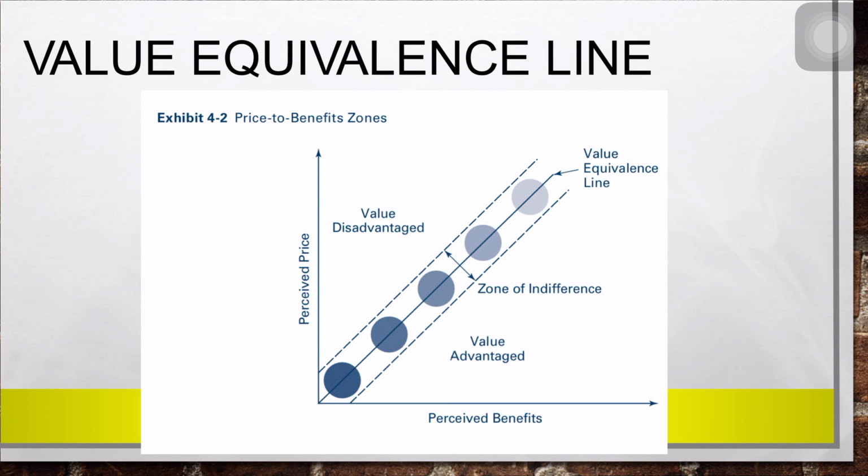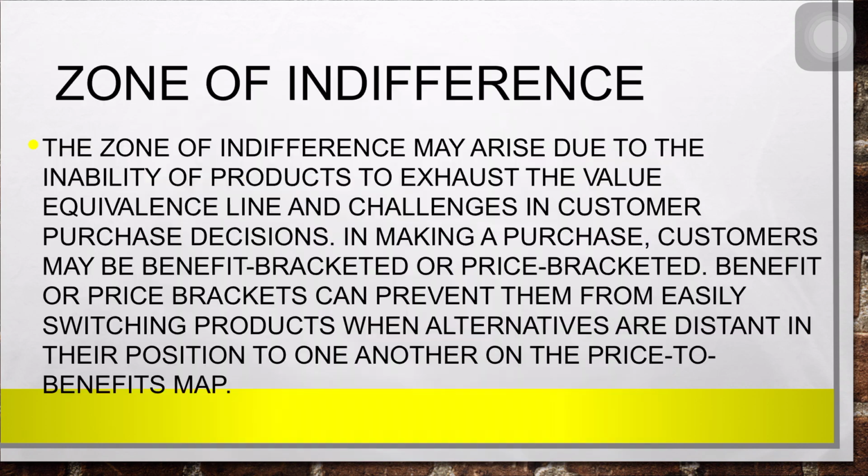So, for that, let me discuss first the zone of indifference. When we say zone of indifference, it may arise due to the inability of products to exhaust the value equivalence line and challenges in customer purchase decisions.